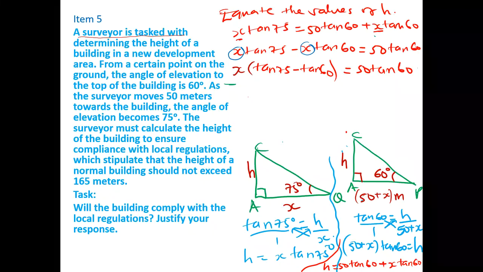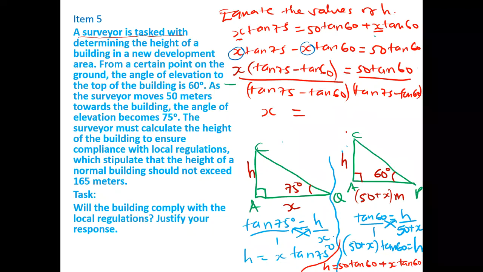Now to make x the subject of the formula, I divide by tan 75 minus tan 60 on both sides, in brackets. So here we have the value of x as 50 times tan 60 divided by tan 75 minus tan 60.